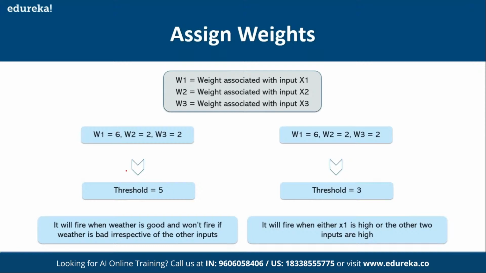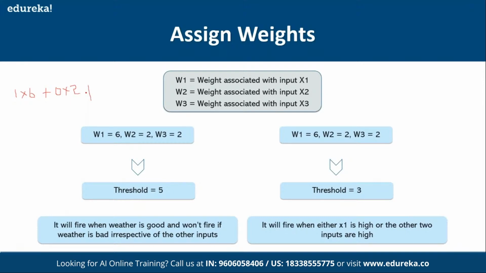Now the threshold value is 5. Now we have our x1. Assume the weather is good: 1 into 6, because our weight for this input is 6. Weather is good, therefore 1. Then assume spouse is not accompanying you, which means 0 into 2.